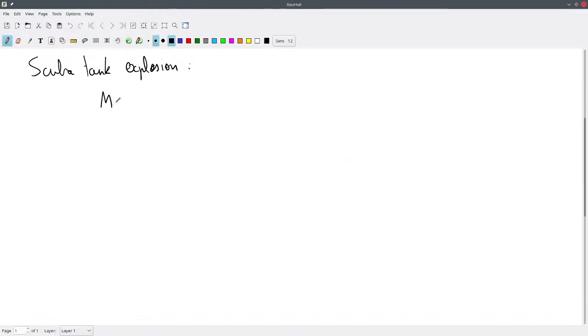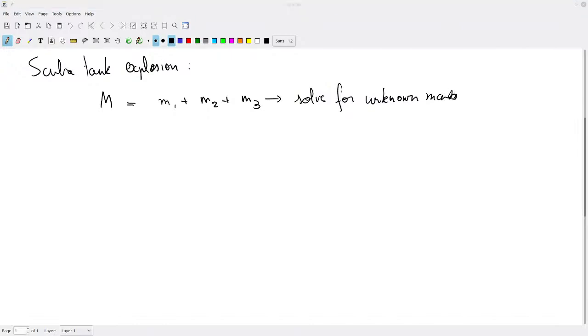So we have that the total mass, or in other words, this is essentially the initial mass, is mass 1 plus mass 2 plus mass 3. So we can solve this for the unknown mass. So that's the easy part.